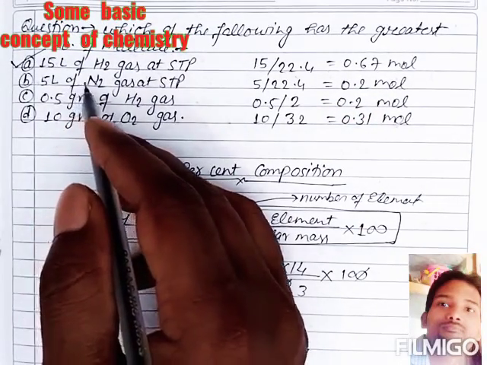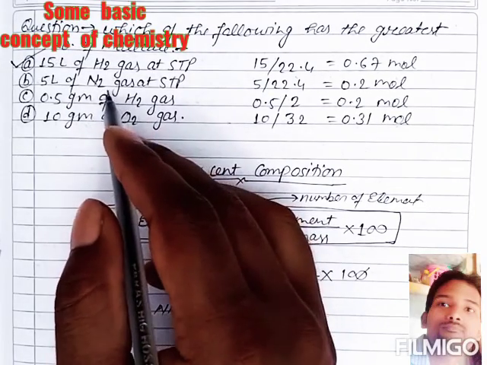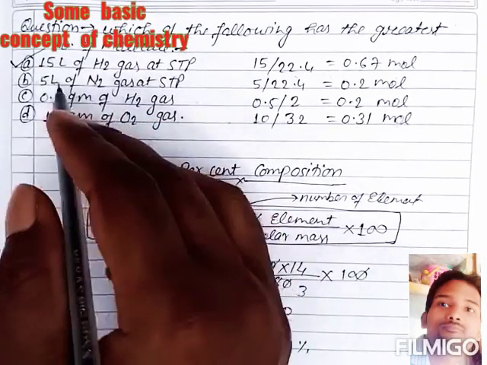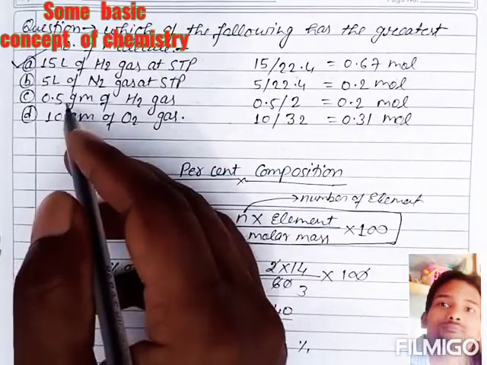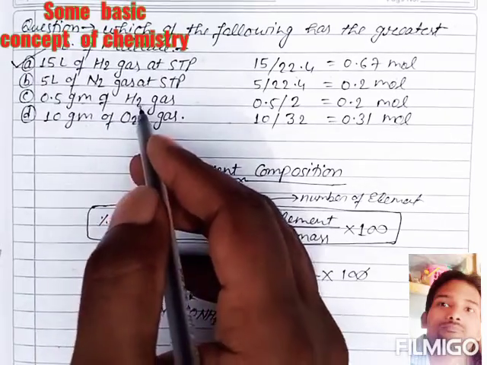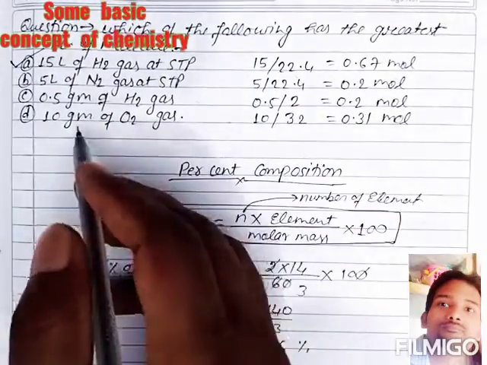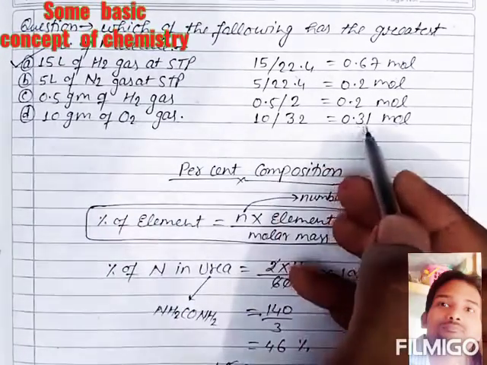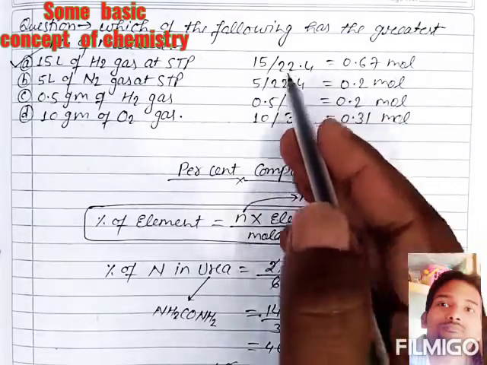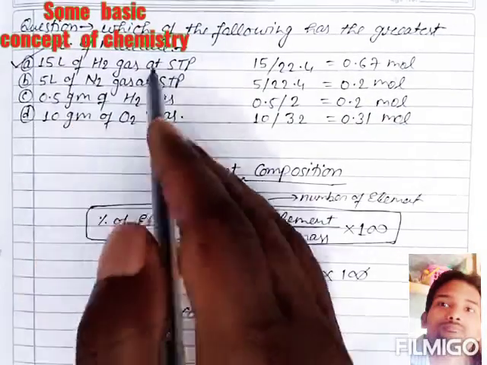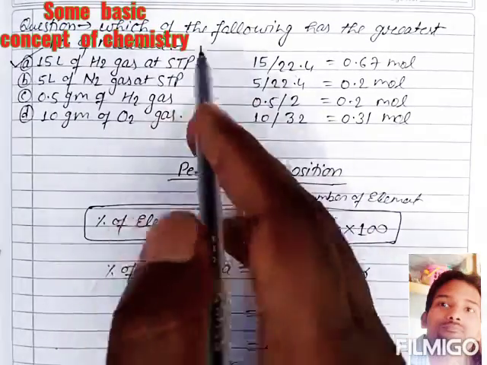Here also gaseous molecules, 5 liter divided by 22.4 gives 0.2 mole. But here the mass and molar mass are given, 0.5 divided by 2 is equal to 0.25 mole. 10 gram divided by 32 is equal to 0.31 mole. So you can see here that the first option will be correct, because the number of moles is greater, so the number of molecules is also greater.